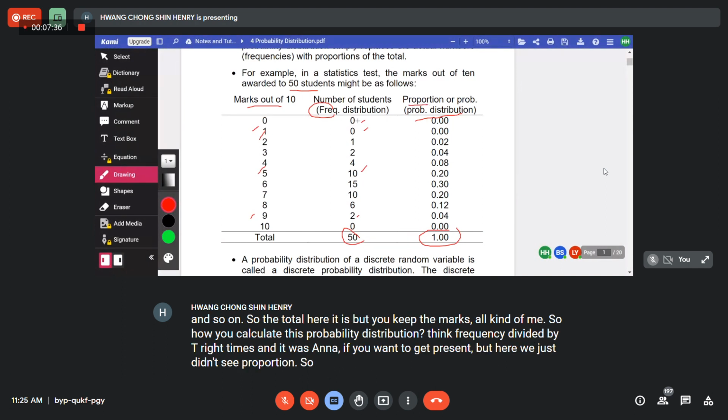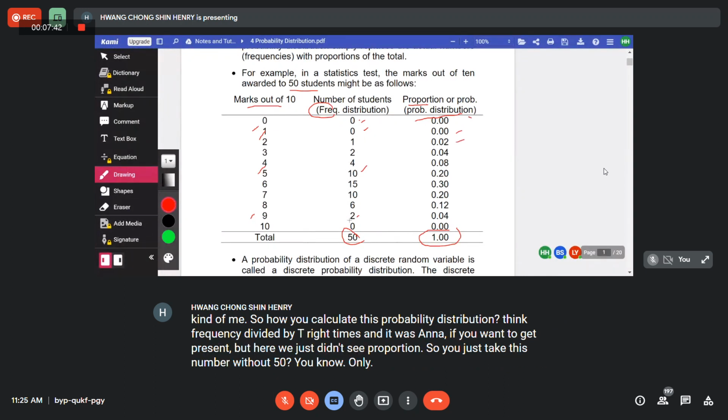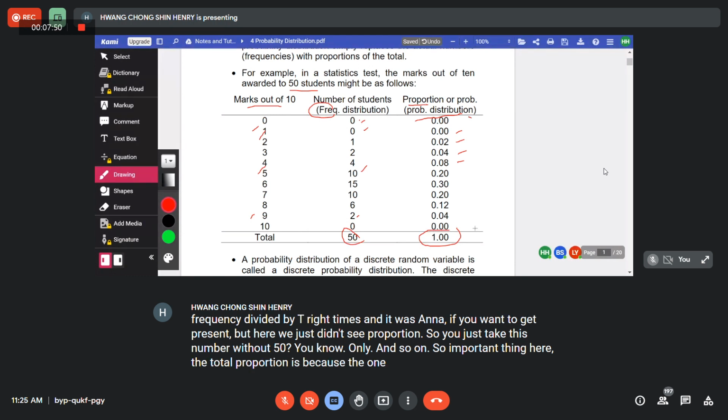So you just take 1 divided by 50, 2 divided by 50, 4 divided by 50, and so on. The important thing here is the total proportion must equal 1 or 100%. Correct or not? So now we know probability distribution. Very simple. It's just the frequency divided by the total only.